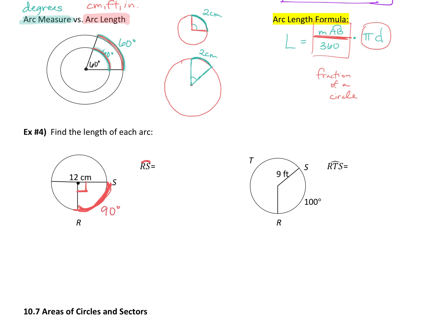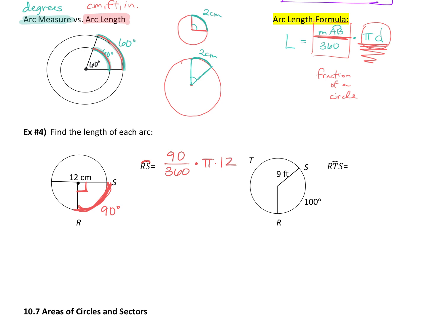Yeah, the measure is 90. So you're going to say 90 over 360 times, now go back up to the formula, what's the circumference of that circle? 12 pi, right? Pi times the diameter, or pi times 12.